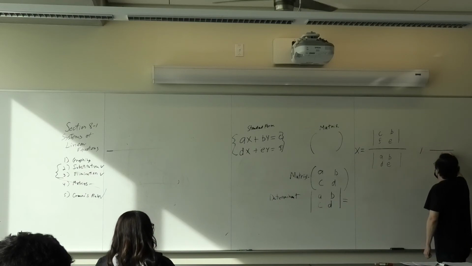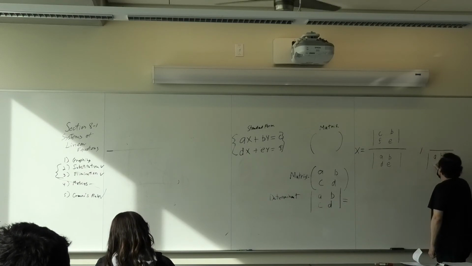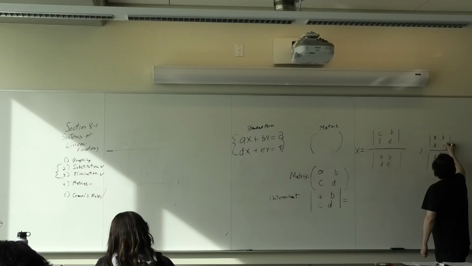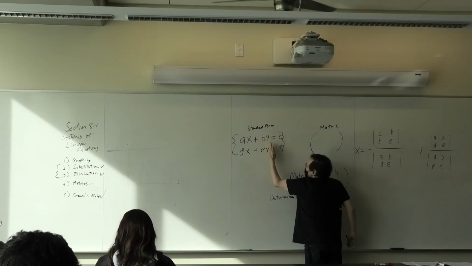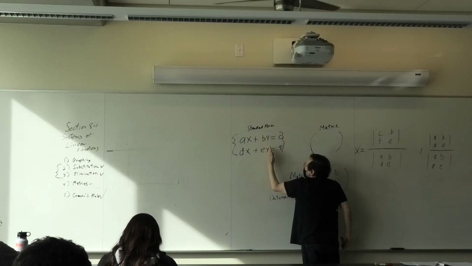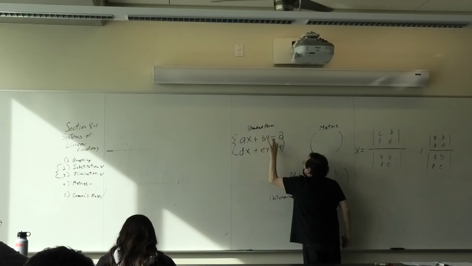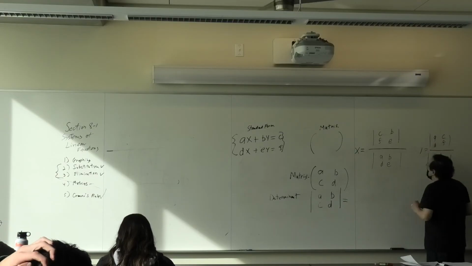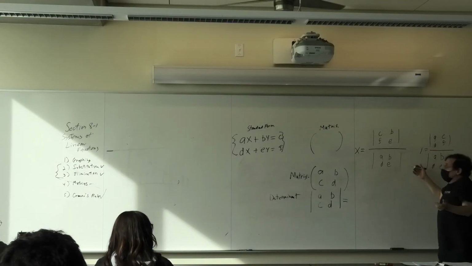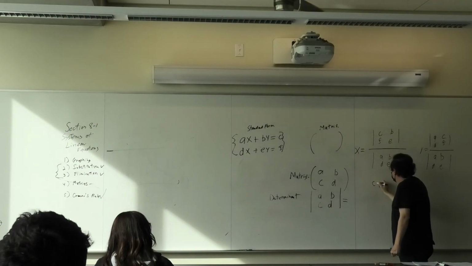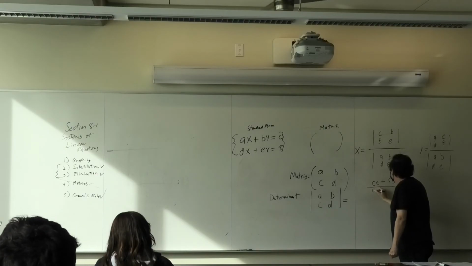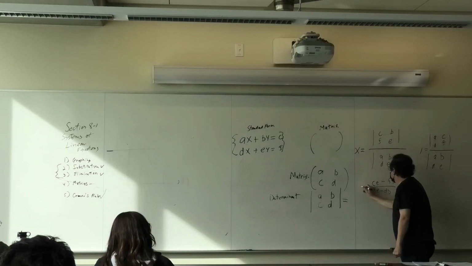For the y, we can do the same thing. But because we're trying to find what's in the y column, we put C and F here. Then we just use our determinant, CE minus FB over AE minus DB, for our x.